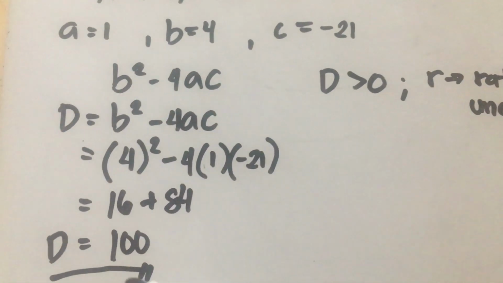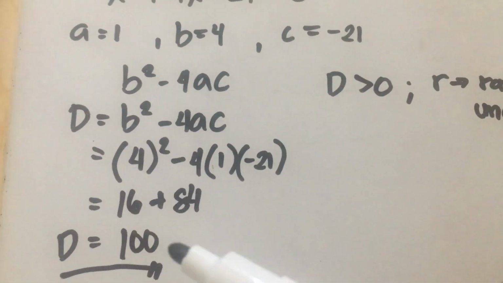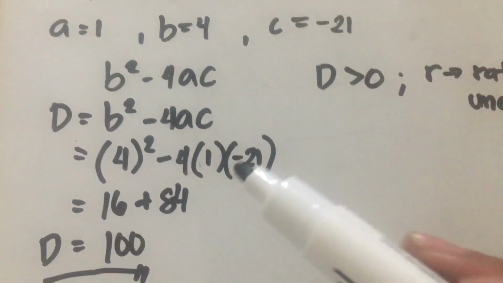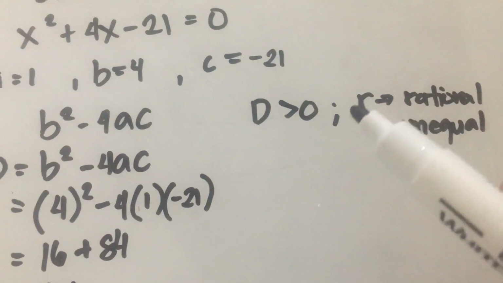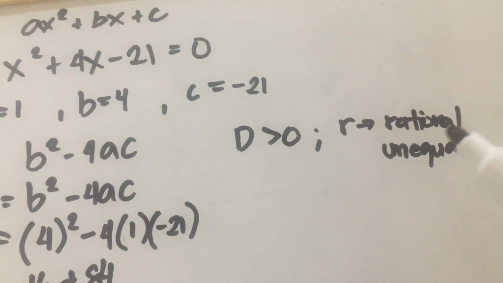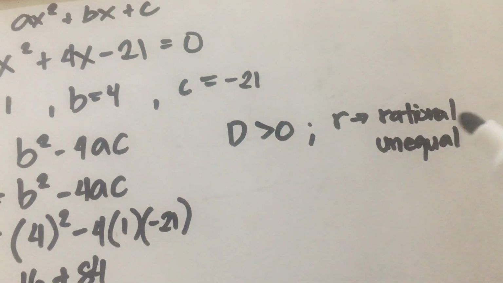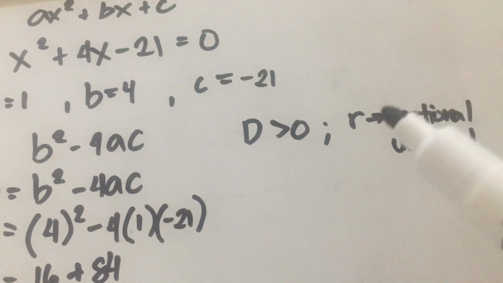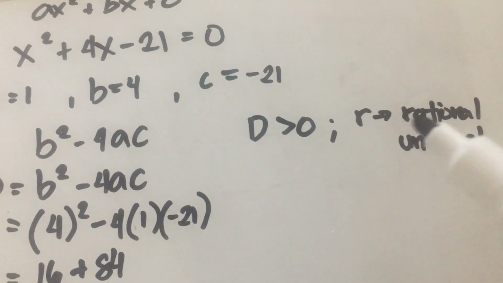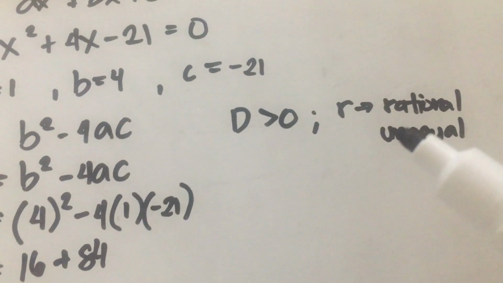So again, if your discriminant is greater than 0 and it's a perfect square, meaning its square root is a whole number, then the roots of your quadratic equation are rational as well as unequal. When we say rational, it can be a whole number or it can also be a fraction. It's fine, as long as it doesn't have a square root. And unequal means they are not equal.